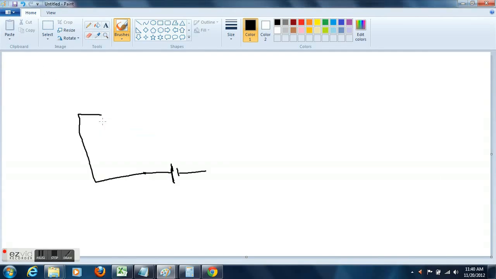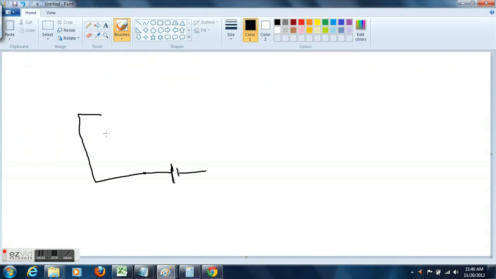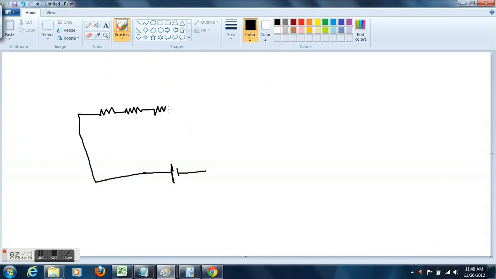So the resistances are 0.2 ohm first resistance, second is 0.3 ohm, third one is 0.4 ohm, then 0.5 ohm, and finally a 12 ohm resistance.